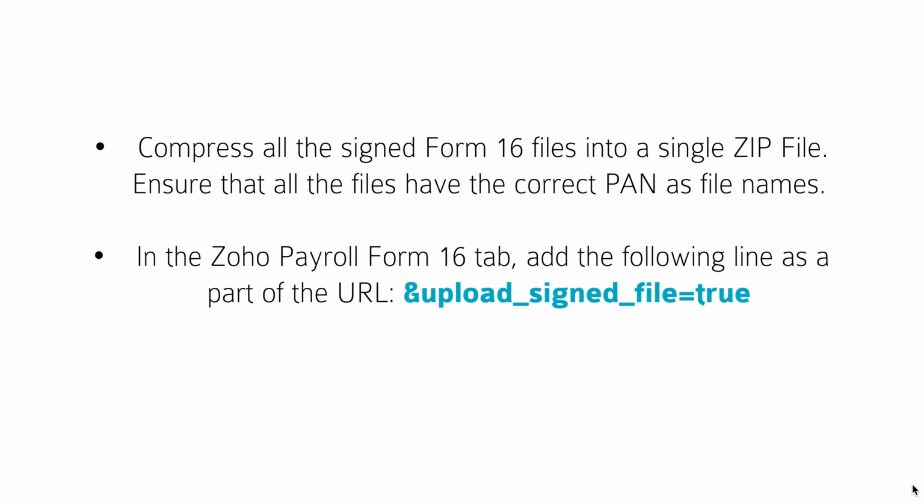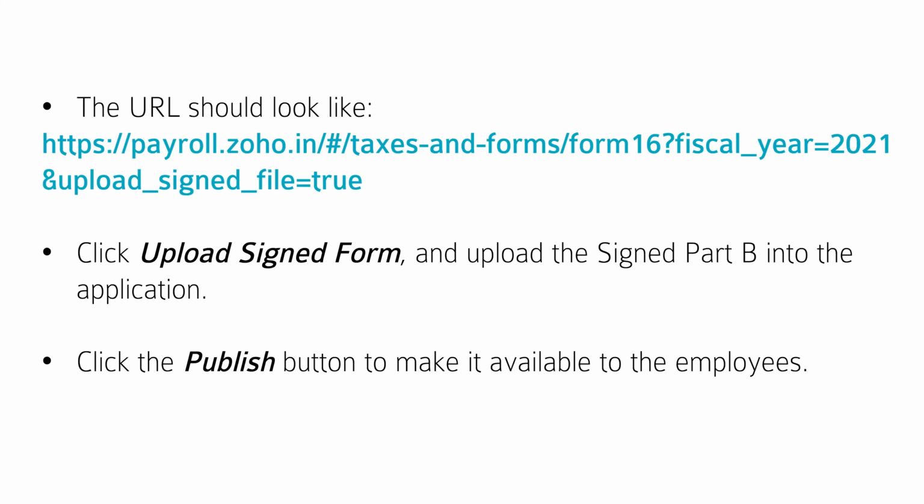Compress all the signed Form 16 files into a single zip file. Ensure that all the files have the correct PAN as file names. In the Zoho Payroll Form 16 tab, add the following line as a part of the URL and hit the enter key. So after adding the above line, the URL should look like this.